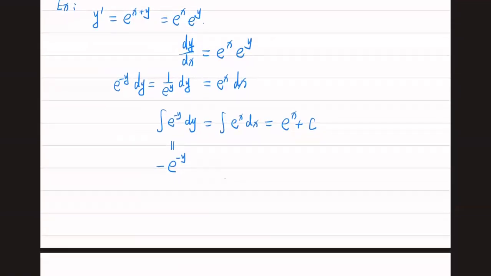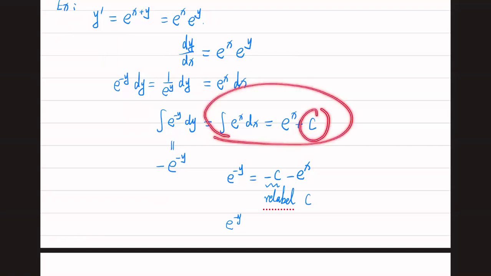So let's get rid of the negative. So e to the negative y equals negative e to the x minus c. Again, we relabel the constant because it's just a constant. In this formula, c stands for integration constant.